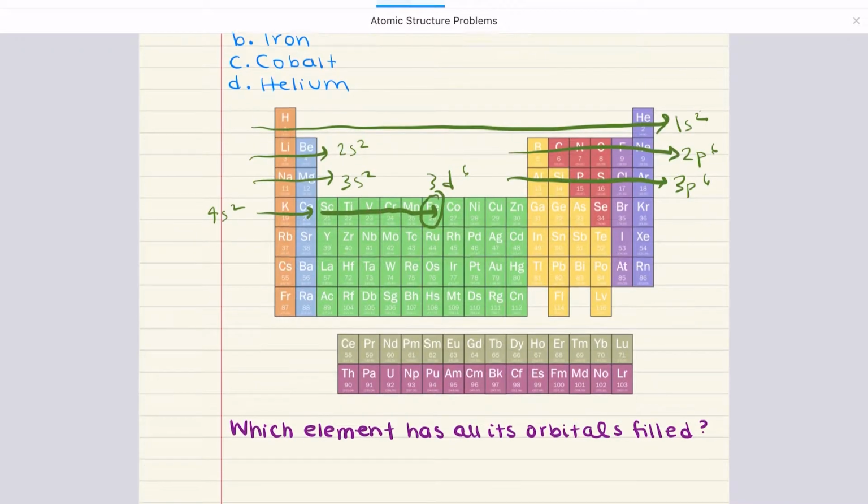Okay, so let's put this all together for iron. Iron is 1s2, 2s2, 2p6, 3s2, 3p6, 4s2, and then 3d6.